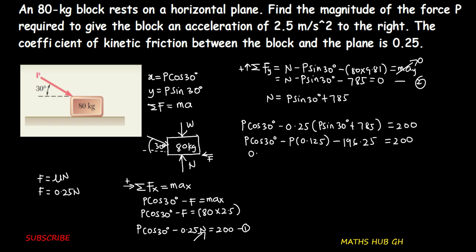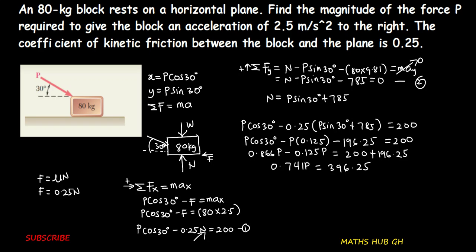You're going to have 0.866P minus 0.125P to be equal to 200 plus 196.25. So 0.866 minus 0.125 gives us 0.741P to be equal to 200 plus 196.25, which gives us 396.25.